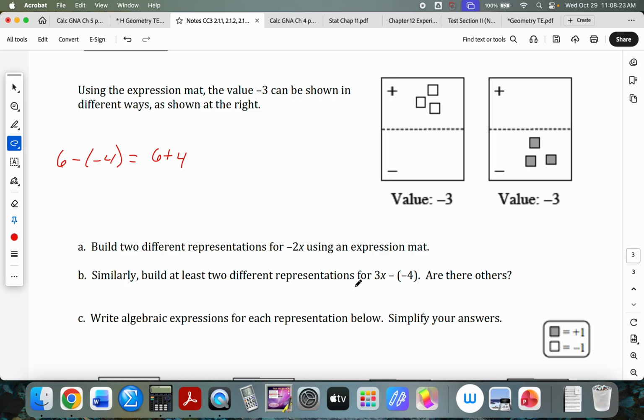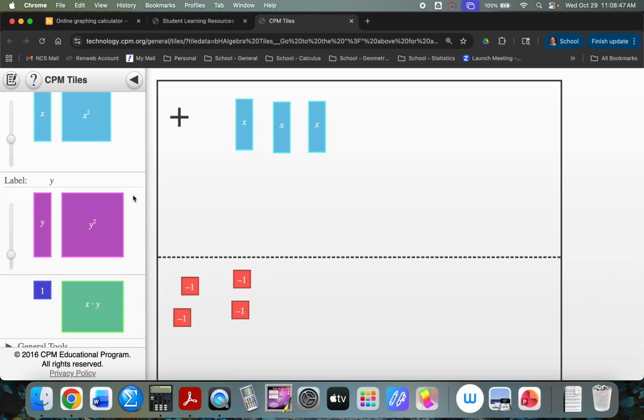So then 3x minus negative 4 is the same thing as what then? 3x plus 4. When you have minus a negative, that's the same thing as plus a positive. So another way that we could do this is we could bring all these tiles up and flip them over. And it has the same value.